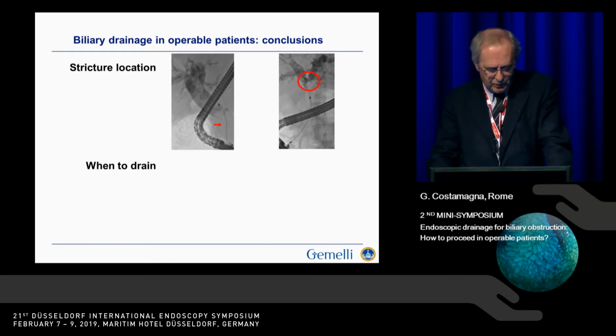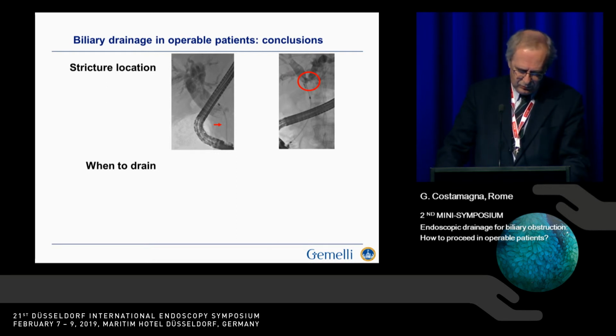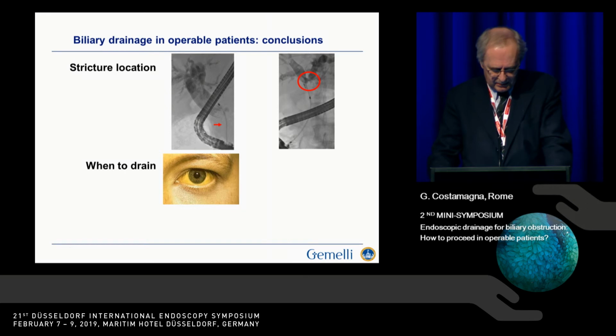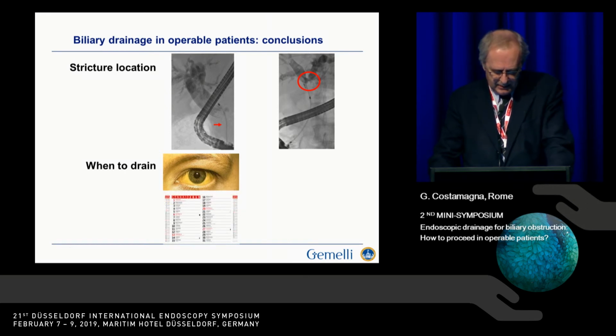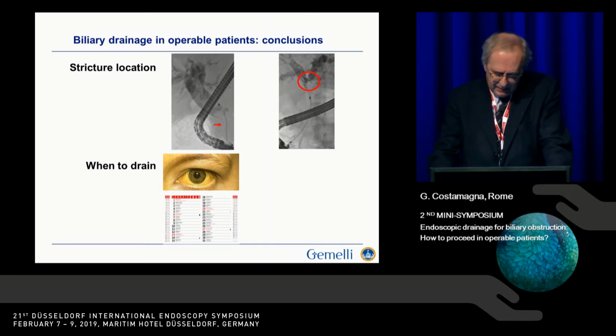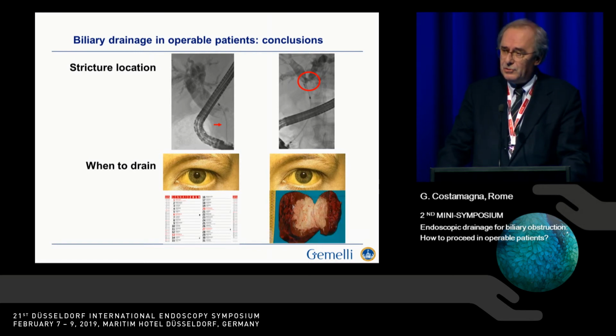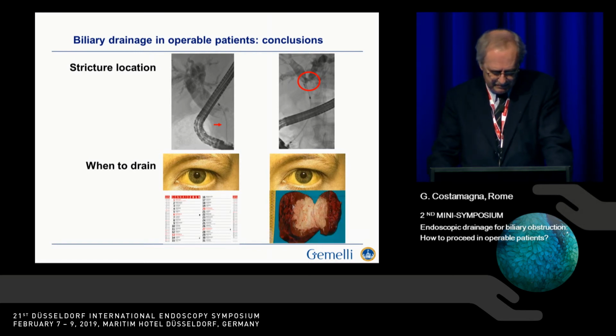So, in conclusion, the stricture location is what makes things different. When to drain in lower common bile duct strictures: when there is deep jaundice, and when there is delayed intervention programmed. For hilar strictures, again, deep jaundice and major liver resection requested.